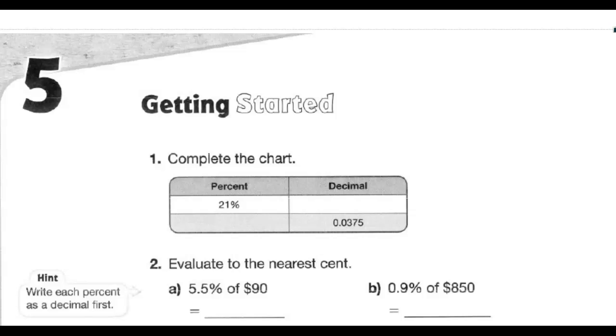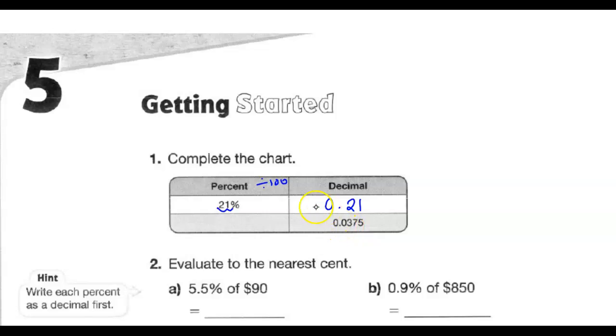So in the first chart, it says one column is percent and one is decimal. Remember, to convert from percent to a decimal, you divide by 100. So we're dividing by 100 here, and remember, when you're dividing by 100, it's moving the decimal place 2 to the left. So that would be 0.21.